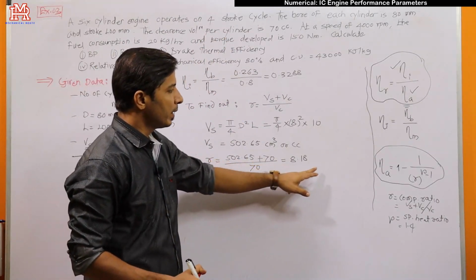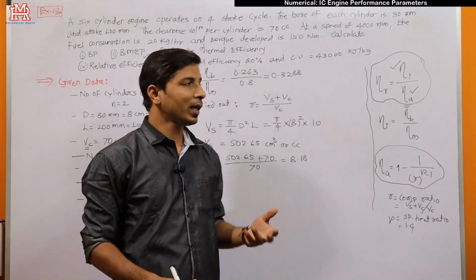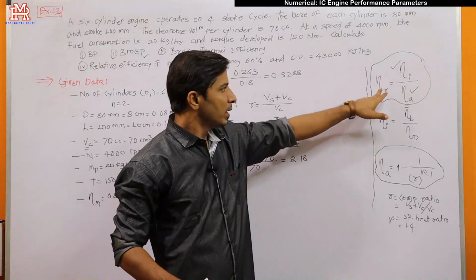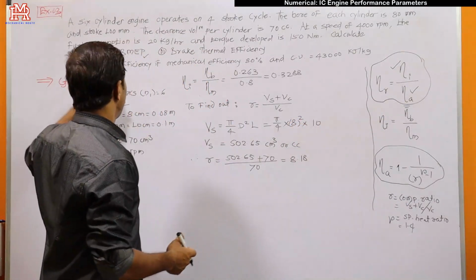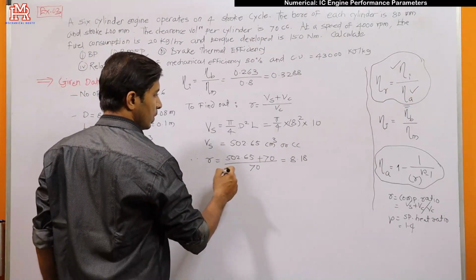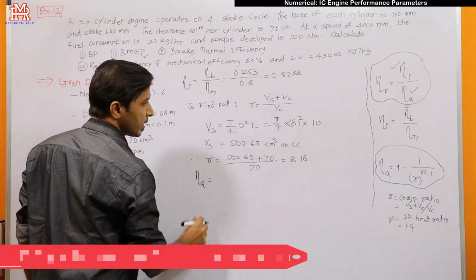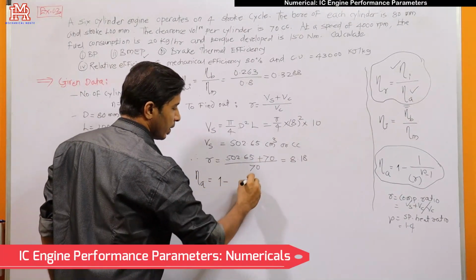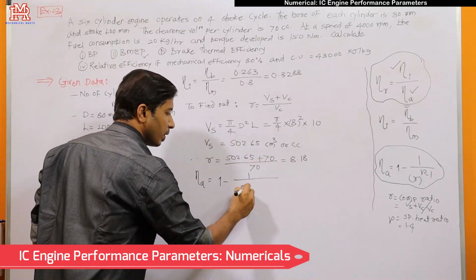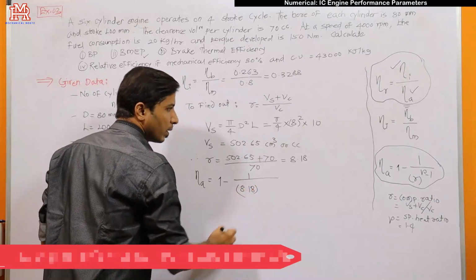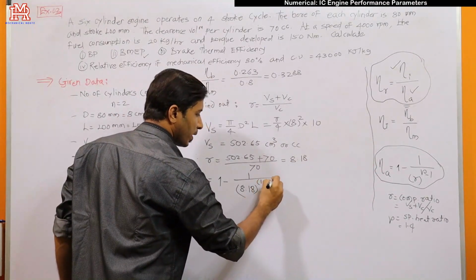Now you can apply this formula to get air standard efficiency, and based on that air standard efficiency you will be able to find out the relative efficiency, and that is asked in the fourth parameter. So use this formula directly, you will get this value. Air standard efficiency is equal to 1 minus 1 upon r, 8.18, raised to 1.4 minus 1.